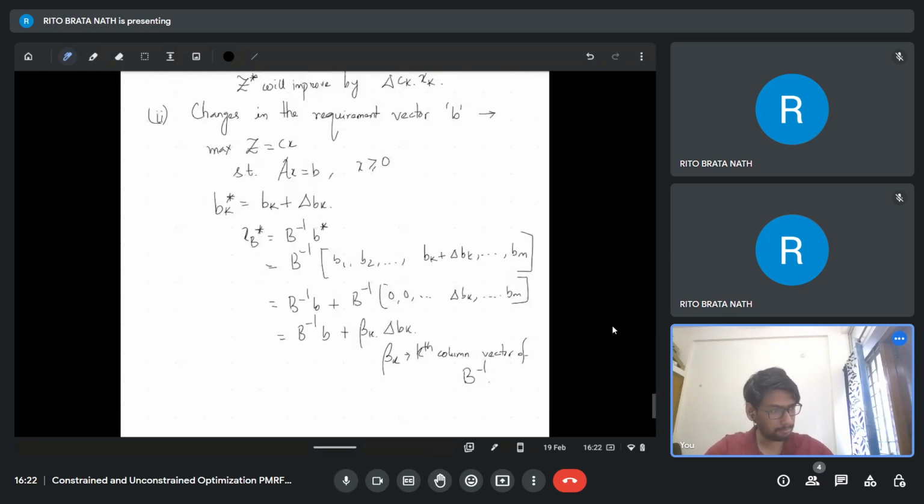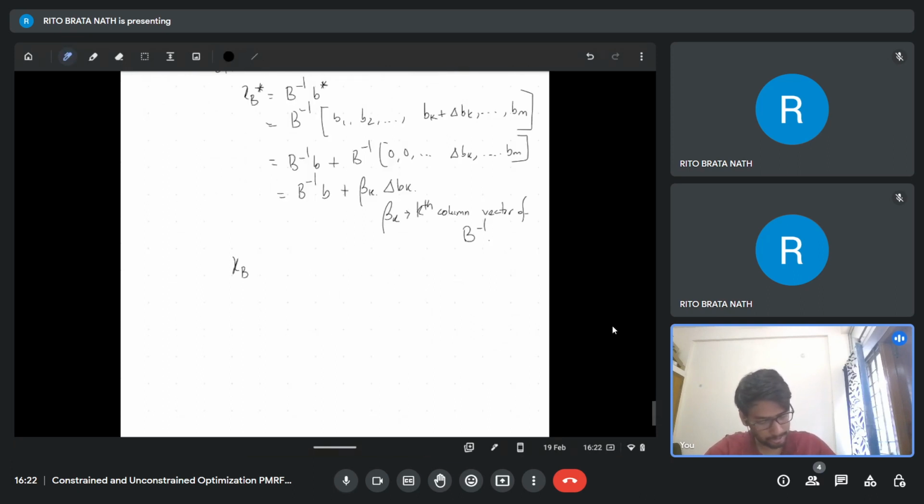And you can also write it like this: xbi star equals xbi plus beta ik delta bk. So beta ik is the i comma kth element of B inverse, for the corresponding variable, right?